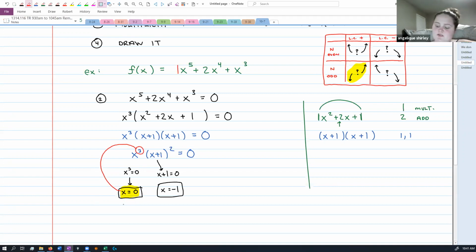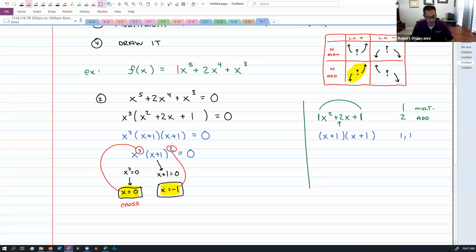Cross. Yeah, cross. And then for this one, for -1, we look at the power of that factor. That's why this step was so important. The power of that factor is 2. And that's an even number. And that means we're going to bounce here. And that should be everything I need to draw it.